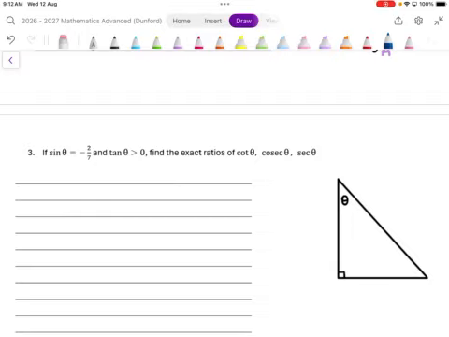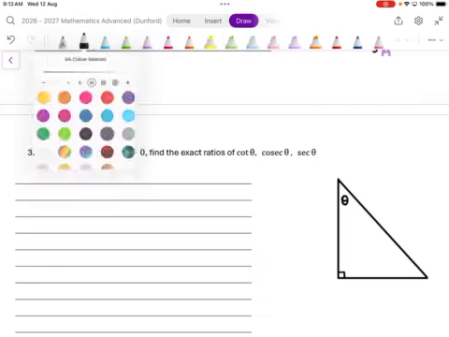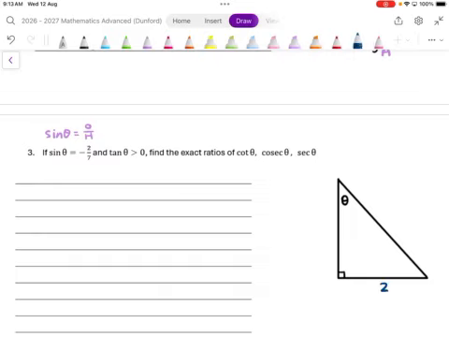So what we have here is sine theta is equal to O over H. So wherever we've put our angle theta, this time our opposite side is going to be the 2 and the hypotenuse is going to be the 7.